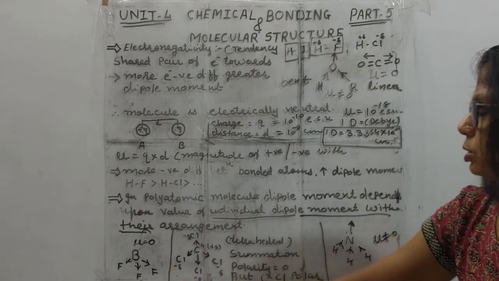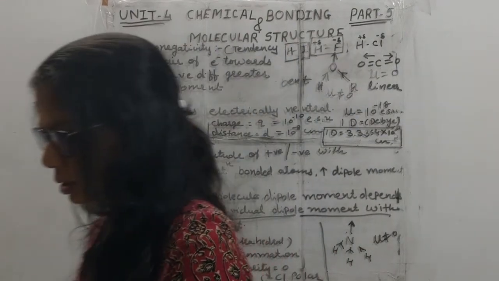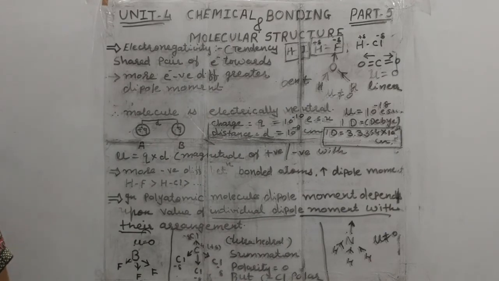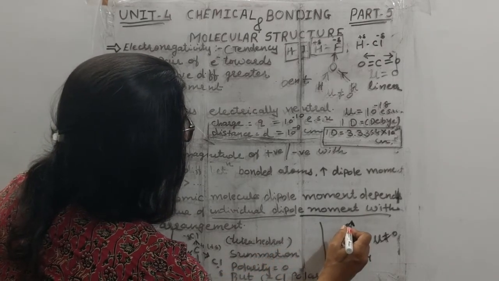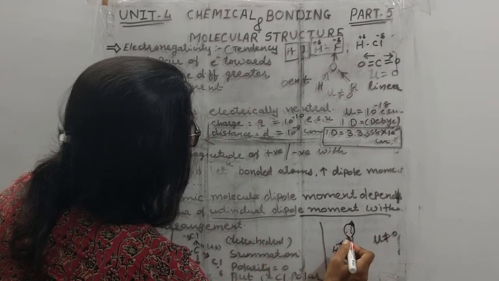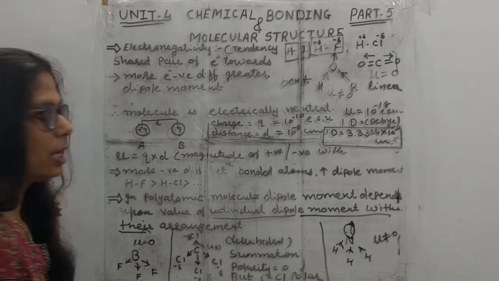So this is also a very well known example for the dipole moment, and if we go for the shape of it, then NH3 has a trigonal pyramidal shape. Due to this lone pair, it is also considered as a sigma bond. Lone pair is always considered as a sigma bond.